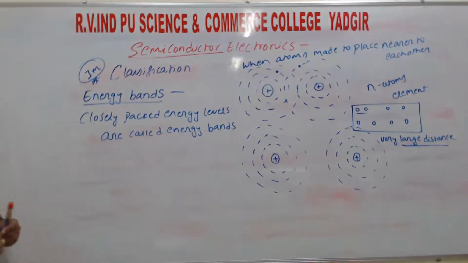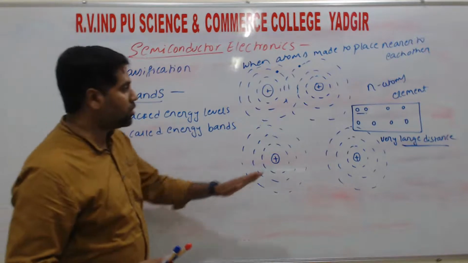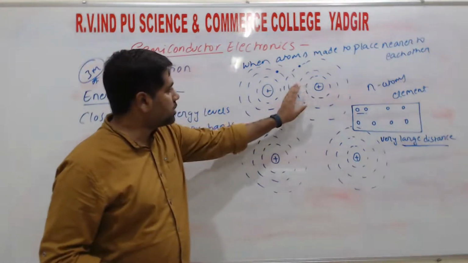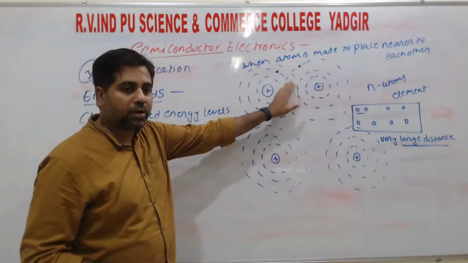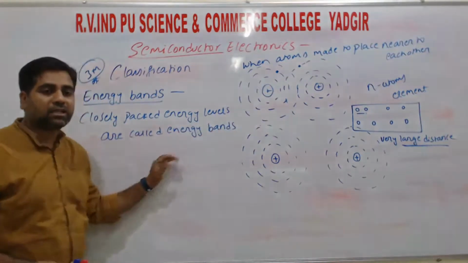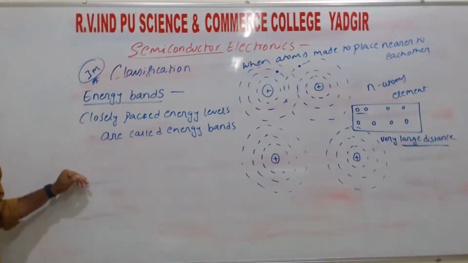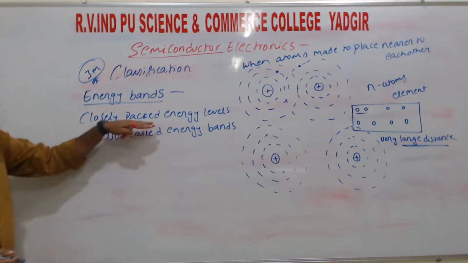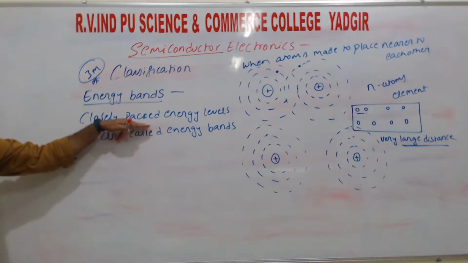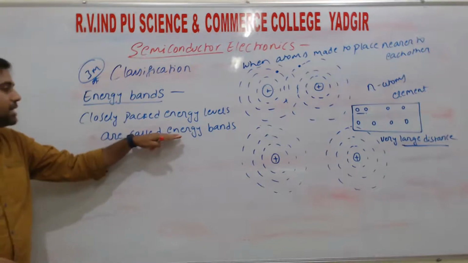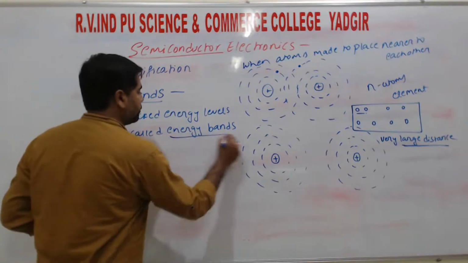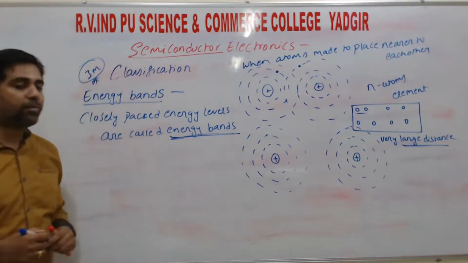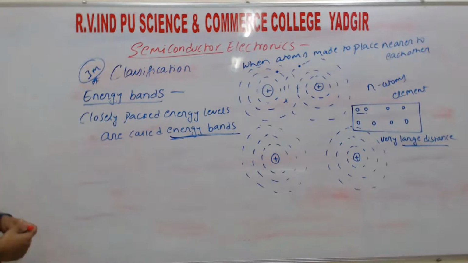As the atoms are placed nearer to each other, the orbits overlap. If the orbits overlap, those energy levels also overlap. So the energy levels are placed as closely packed, right? That closely packed arrangement we call energy bands, right? So in energy bands we have two types.